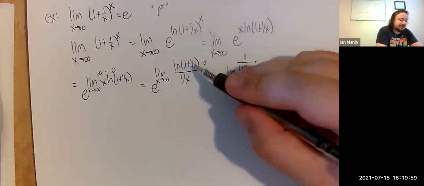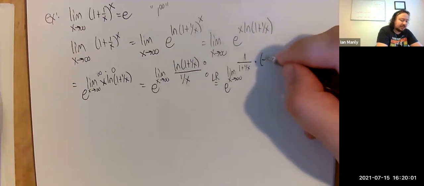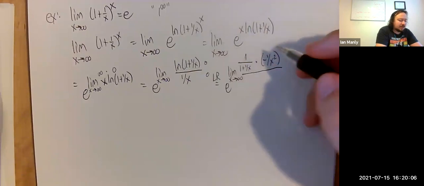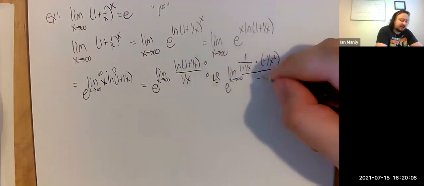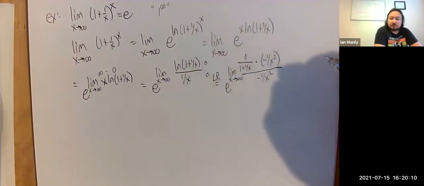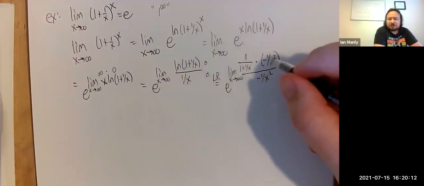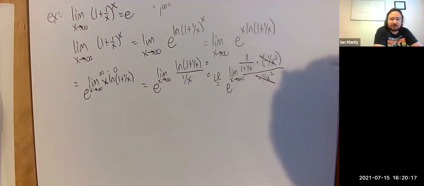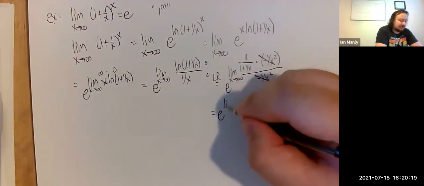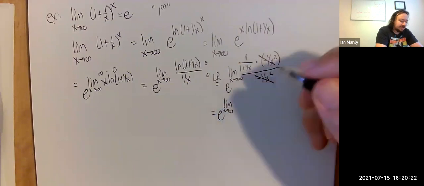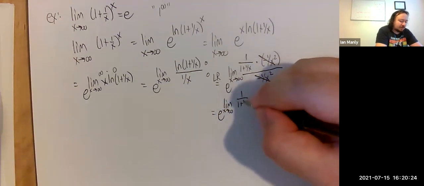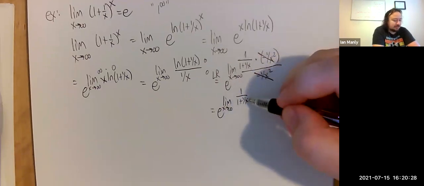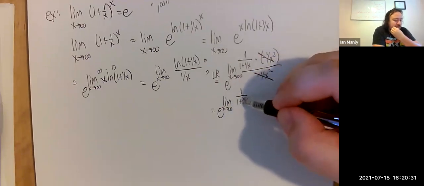Now the derivative of 1 is 0, but the derivative of 1 over x is negative 1 over x squared. Meanwhile, on the bottom, I do the derivative of the bottom, and I have negative 1 over x squared. Now that's actually rather convenient because this and that will cancel out right away. So I'm really left with the limit as x goes to infinity of 1 over (1 plus 1 over x). All right, now as x goes to infinity, this will go to 0.